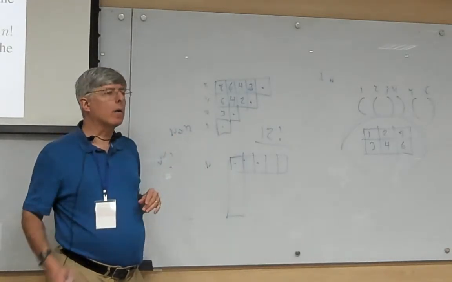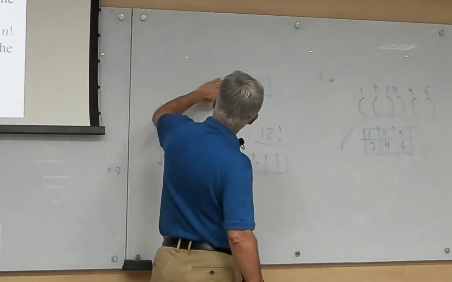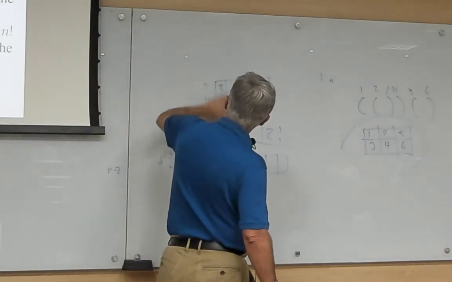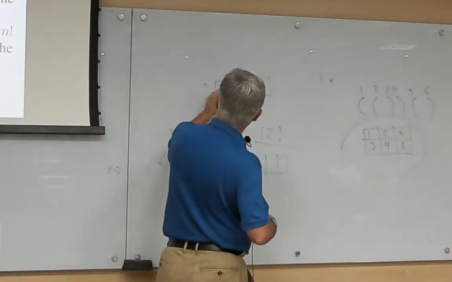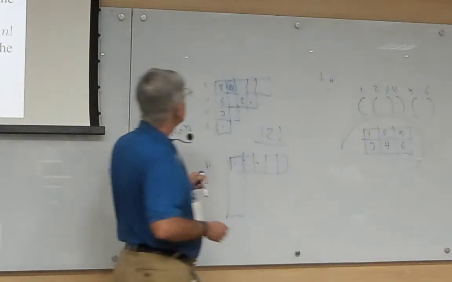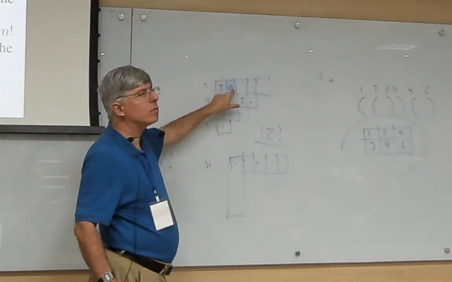N factorial, right? If I want to look at an assignment, what fraction of those should have the smallest number in this position?